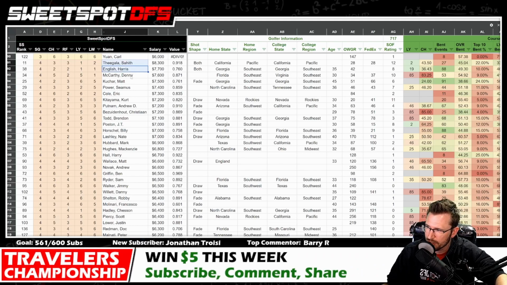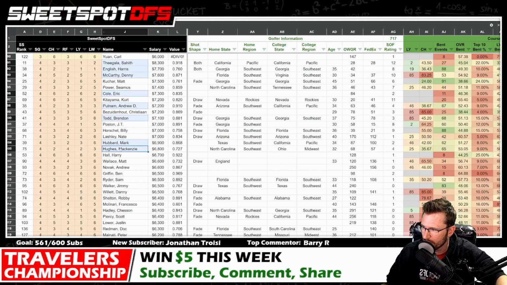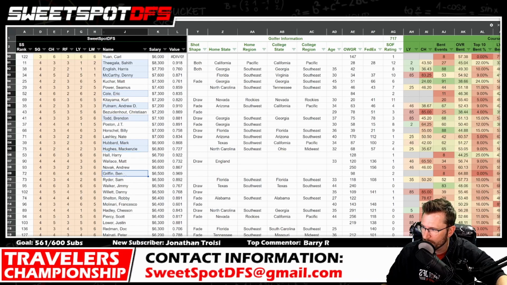And mostly because there's too many good names here. Thigala, English, McCarthy. Those are names in themselves. I don't mind playing Putnam, Brendan Todd, Eric Cole, I guess. Hubbard, Hughes. Hughes has played well here before. Griffin's a great talent. Does he? I don't think he's even played here. He has not.